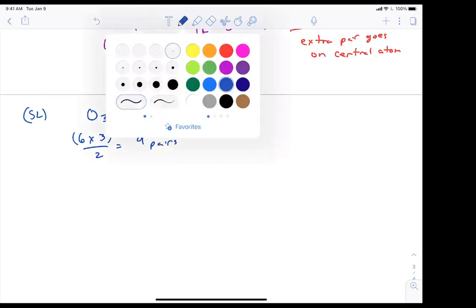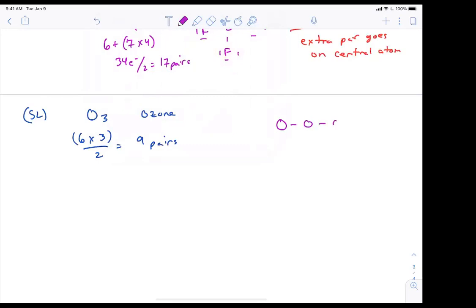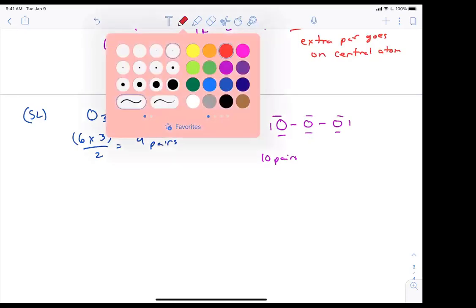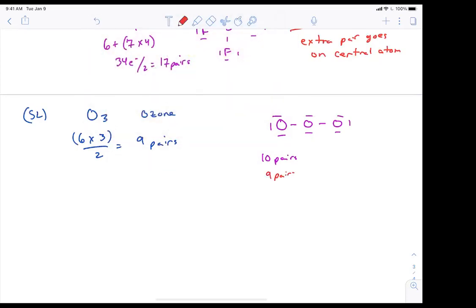Well, our test structure will have ozone looking like this. Now, here we have 10 pairs, but we know we need to have only 9 pairs in our budget. So what that means is we need to add 1 bond.